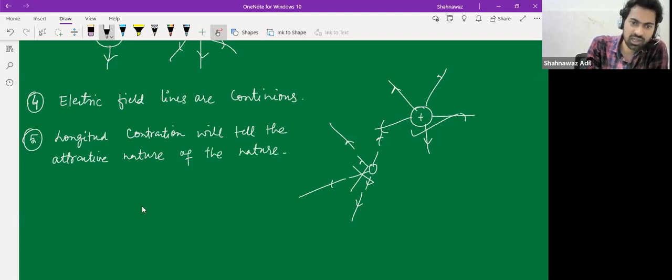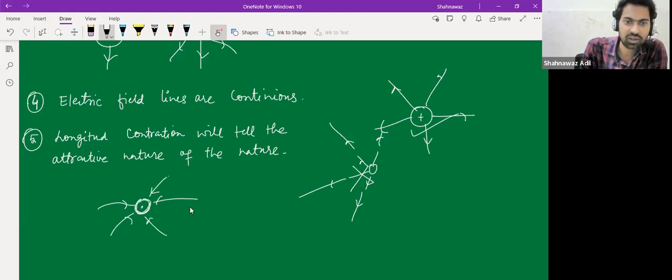Right. So let's say at this point, all the field lines are contracting. So this will say that this charge is an attractive kind of charge. Okay.